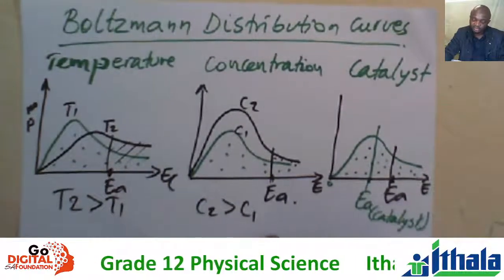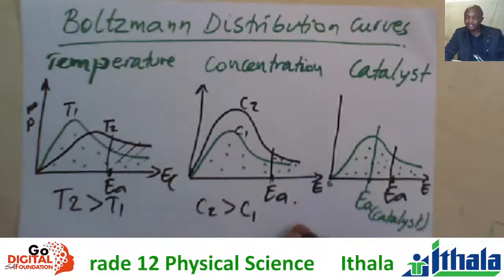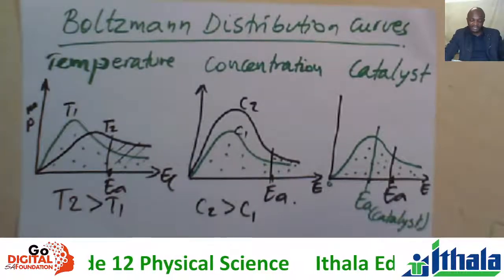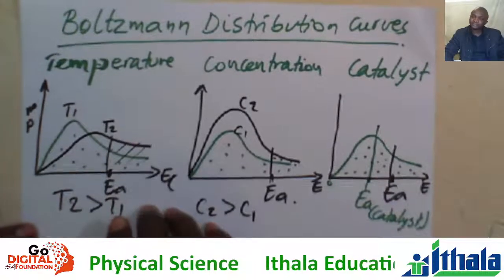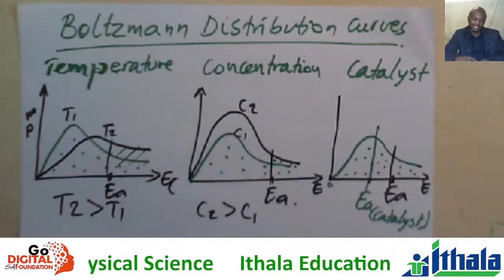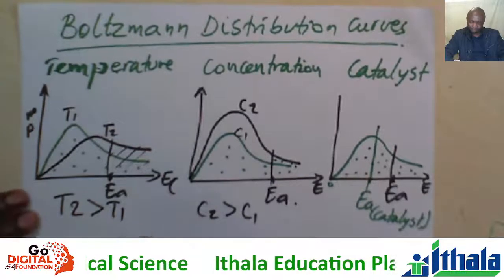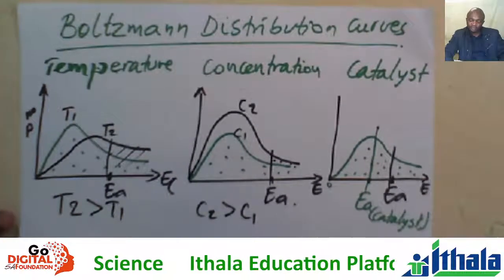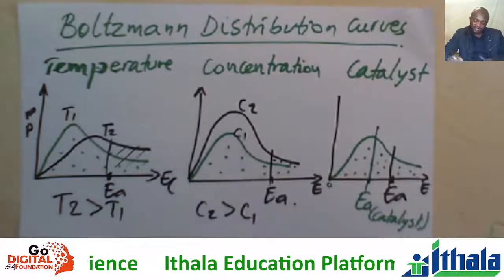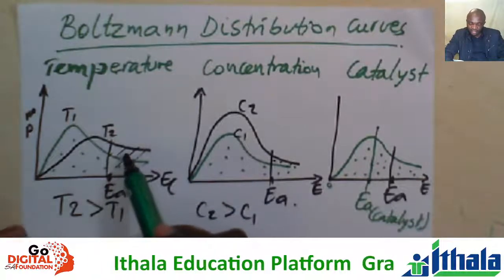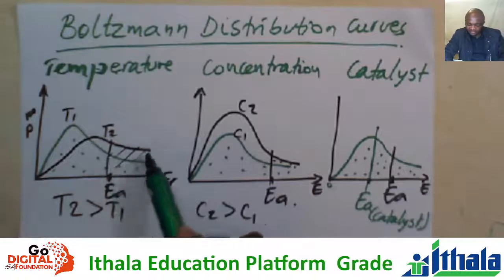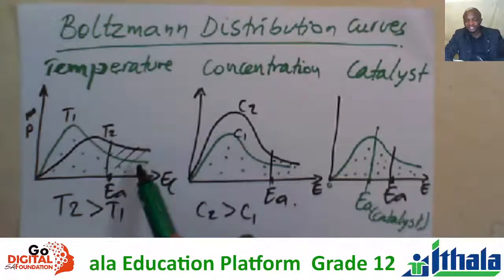So this is the way Maxwell graphs can be interpreted. Now, most of the time this comes up in multiple choice questions, so you must understand that what you look at is the one that gives you a bigger area after the activation energy. So you look at that graph, the graph that gives you a bigger surface after the activation energy.